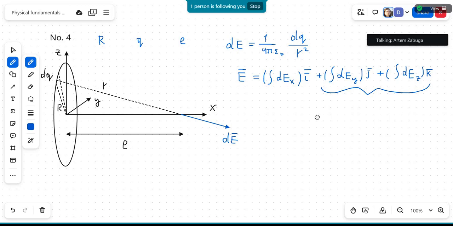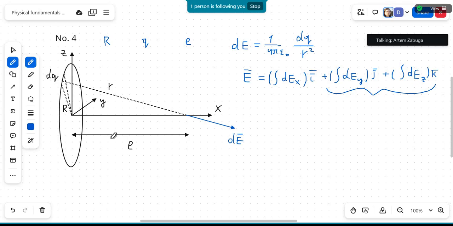According to the picture, we can see that the system has axial symmetry, and the axis of symmetry is axis x.